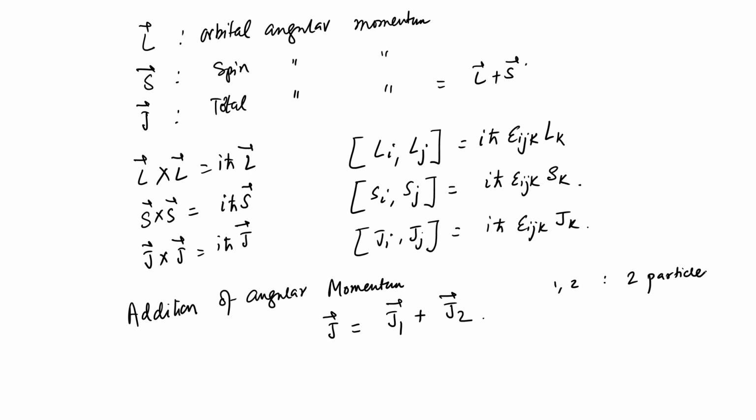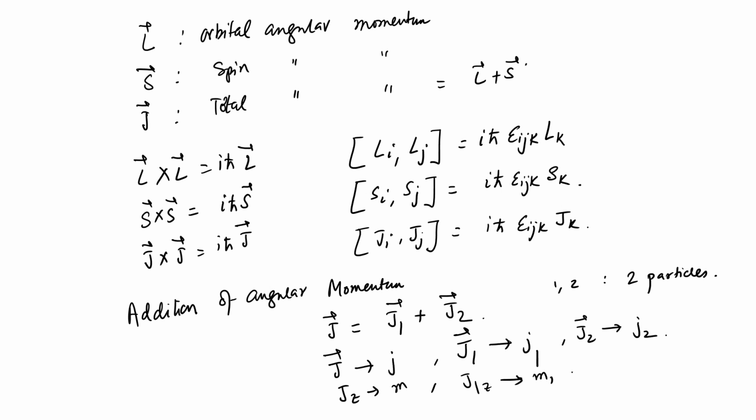The total J is a sum of J1 and J2, and the quantum number corresponding to J is called small j, the quantum number corresponding to J1 is called j1, and J2 corresponds to j2, and similarly J_z corresponds to m, J1z corresponds to m1, and J2z corresponds to m2.